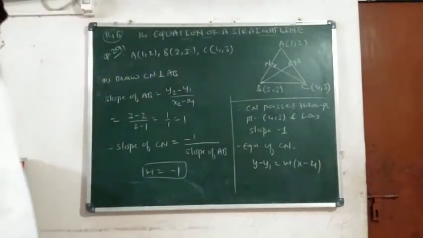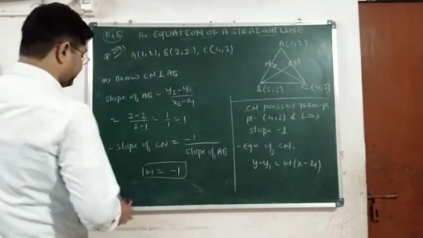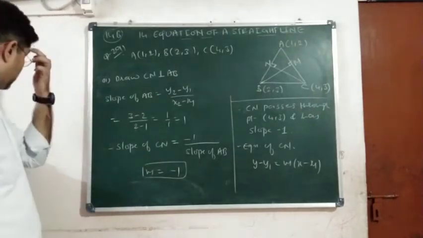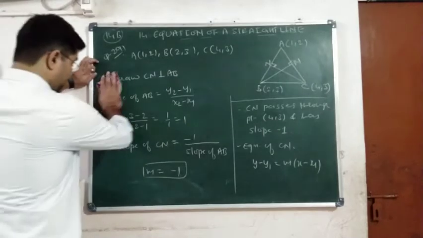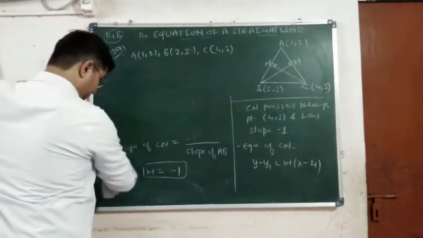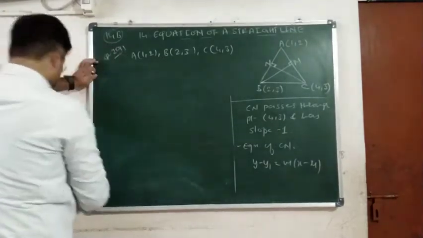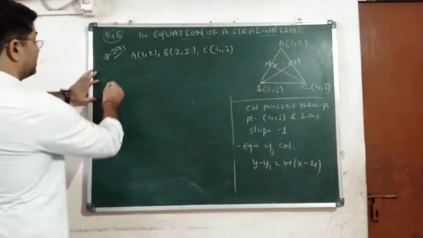Let us put the value in the formula. Clear? Because we have taken the wrong coordinates of B, previously we got the incorrect answer, but now we'll get the right answer.